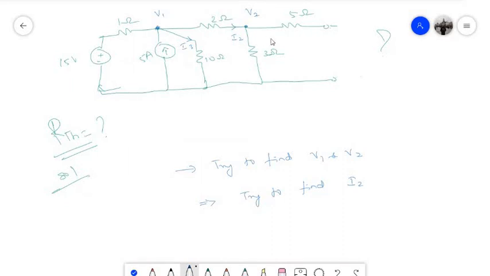So if you want to find your maximum power that is transferred, you require the open circuited voltage as well. So only for that I am trying to find V1 and V2. If the question is only to find RTH, it's not required. You are right. If maximum power needs to be computed, then you require the other things as well. Okay, sir.